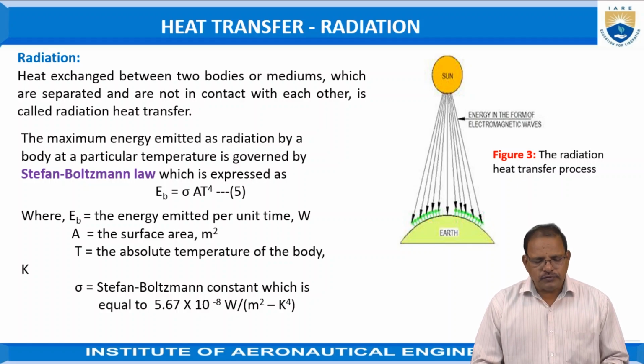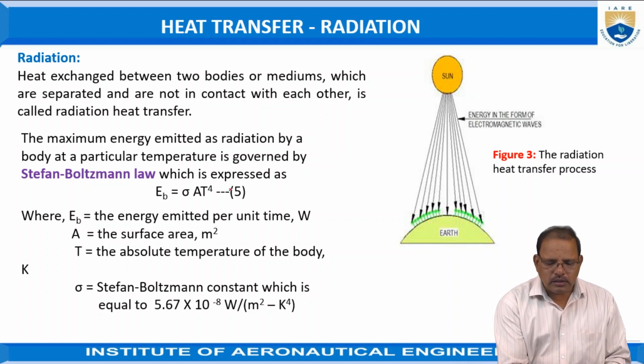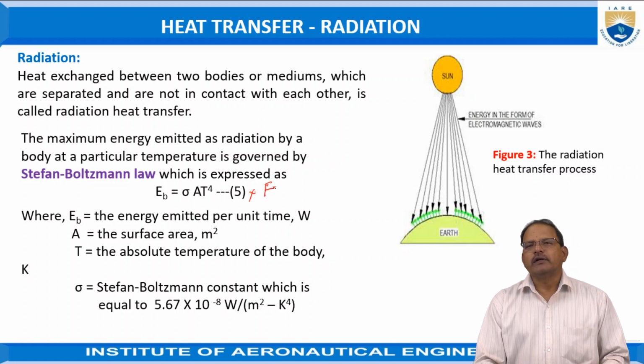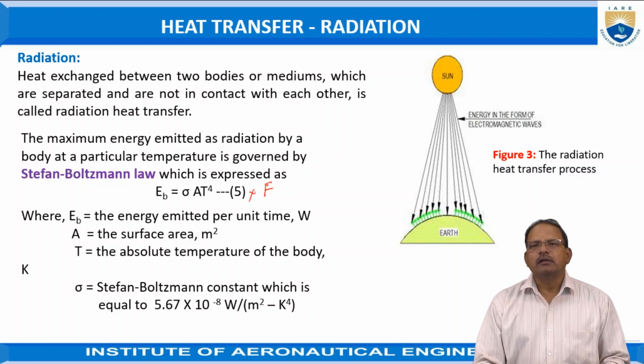According to this law, the amount of heat energy flowing is given by Eb is equal to sigma into A into T to the power of 4. Here, sometimes it is also multiplied by F, that is called the shape factor. The shape factor represents the shape of the object or which inclination it is kept with respect to the other object.